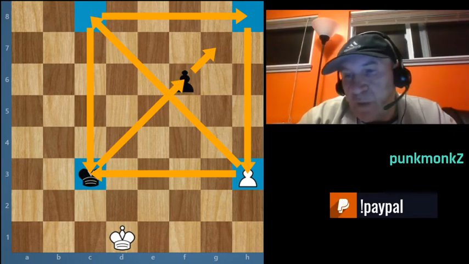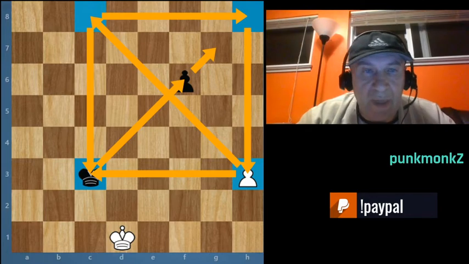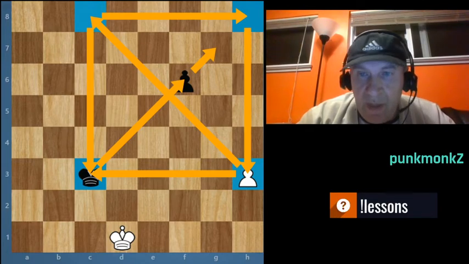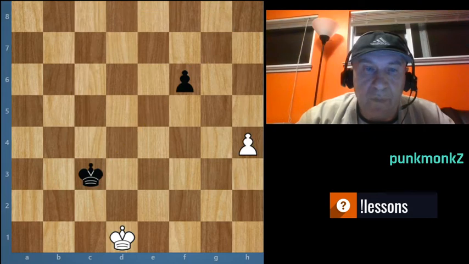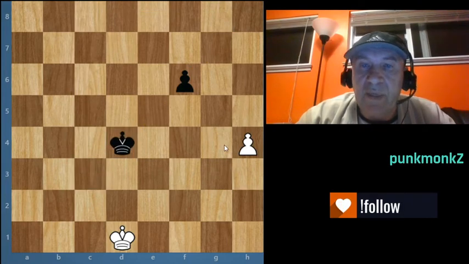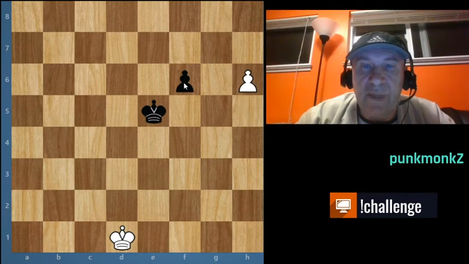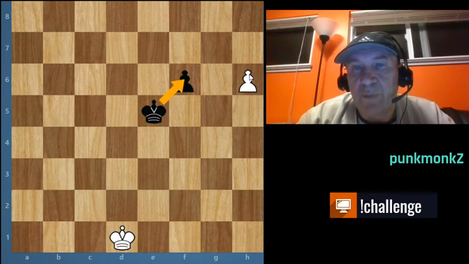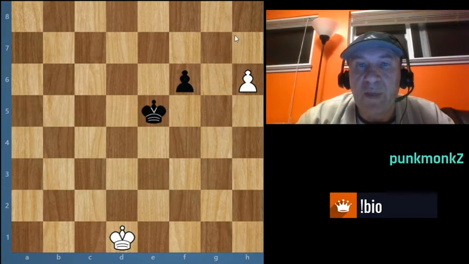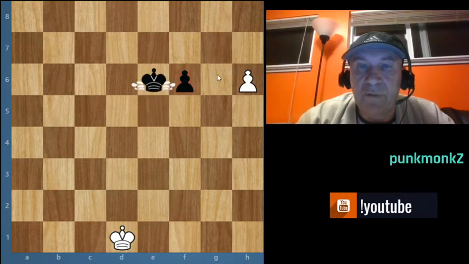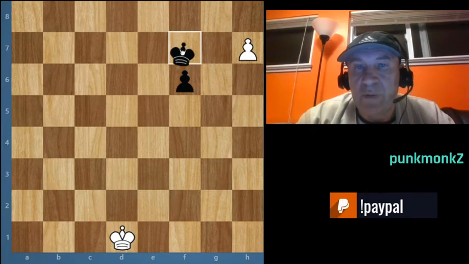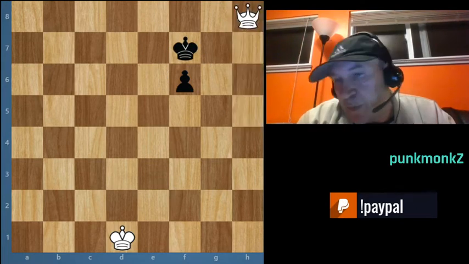If we make some moves, it would seem that black is in the square, but if it's white to play, there's no way he's going to catch the pawn. He needs to step here to catch the pawn, and when the pawn advances he needs to step here and he can stop the pawn from promoting. But because of the obstacle, he has to go around and there's no way to catch the pawn. And that's promotion.